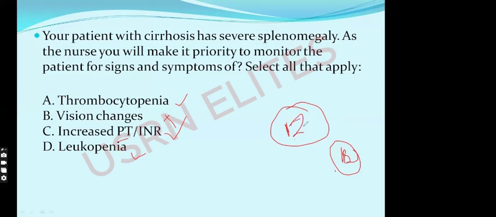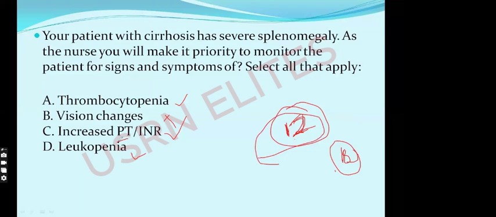So let's say the normal is up to 12, just as an example. It means for a person with a normal PT, I want to be more emphatic on PT, the normal is 12.